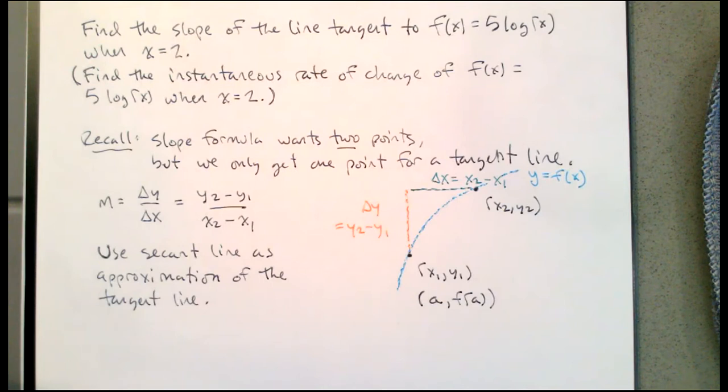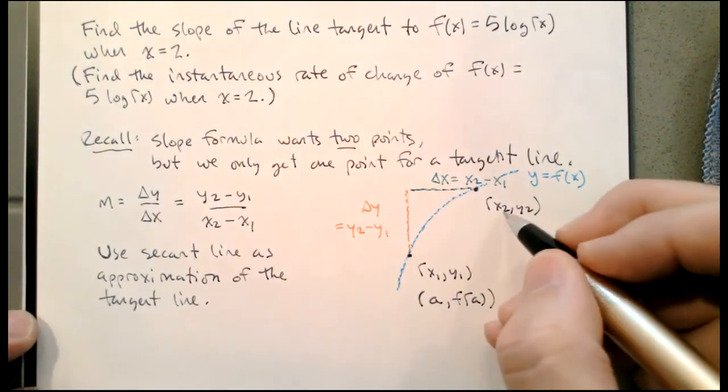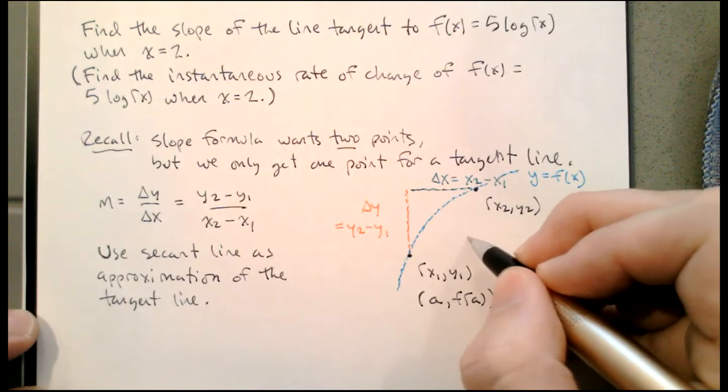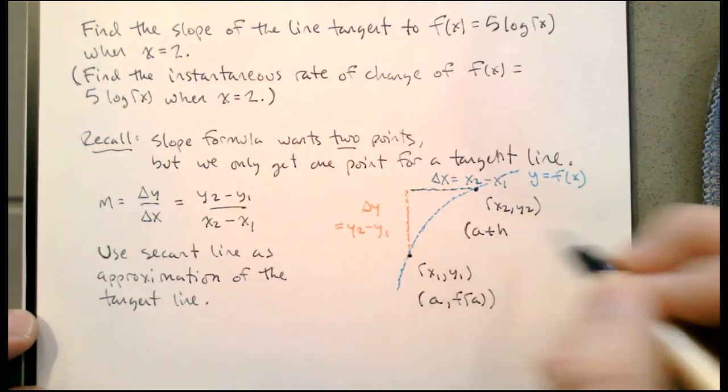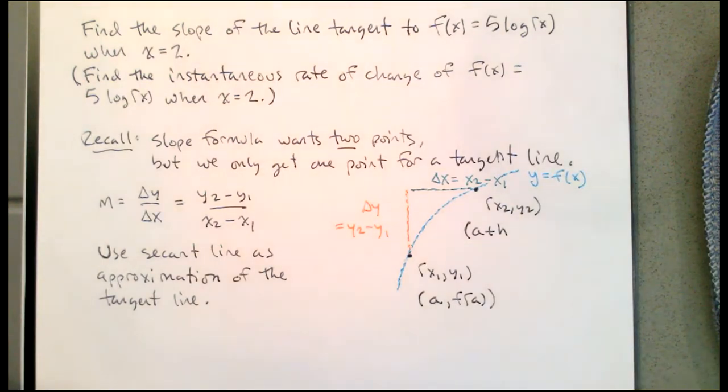Now we're going to look at a point close to when x is equal to a. We'll say this point x2 is going to be a plus a little bit. I'm going to say a plus h, where h is just a small bit. That means a plus h is close to a.